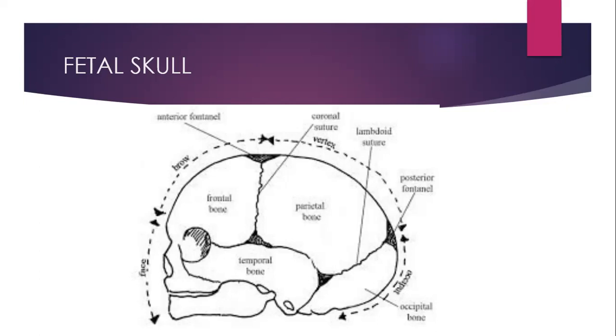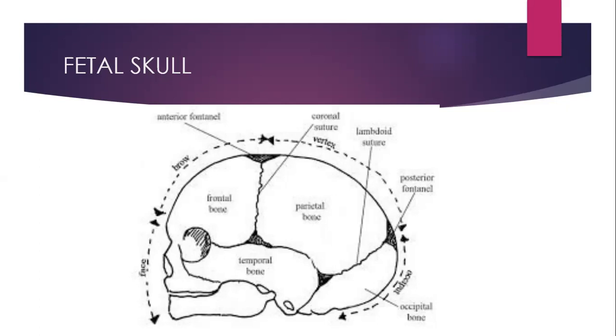What is the difference between cephalhematoma and caput succedaneum? Caput succedaneum might be when normal delivery occurs, but cephalhematoma in vacuum delivery.